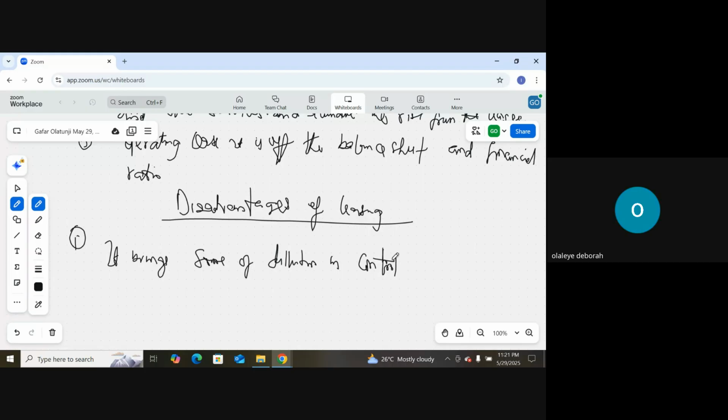When you look at it from the angle of operating lease, the risk is going to be borne by the lessor. But from the angle of finance lease, risk and reward will be transferred to the lessee. It means that there's a dilution in control. Is it clear? Yeah, clear.